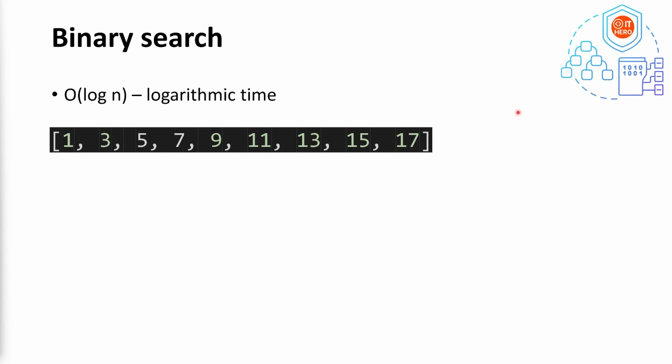Assuming we have this array and we want to do a binary search here, how can we do it? First of all, we get the lower index and the upper index. The first index is 0 and the last one is 7, and for example, we want to search for the value 11.